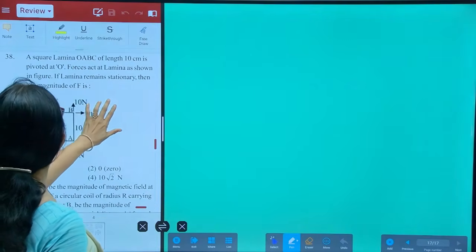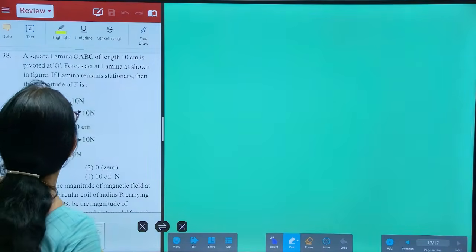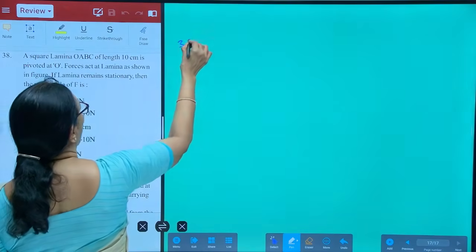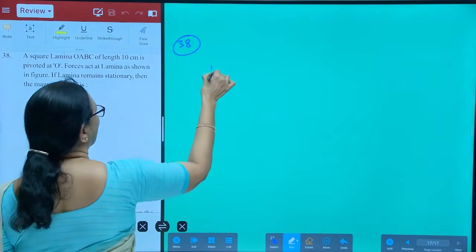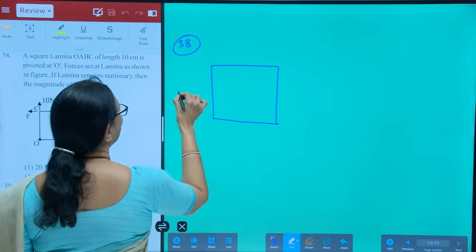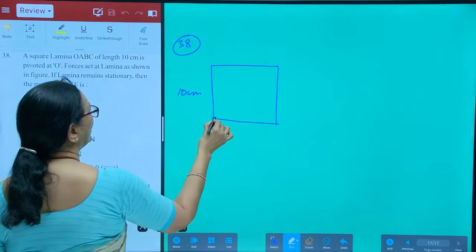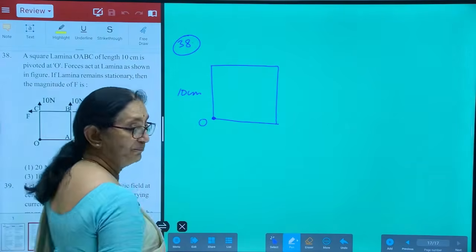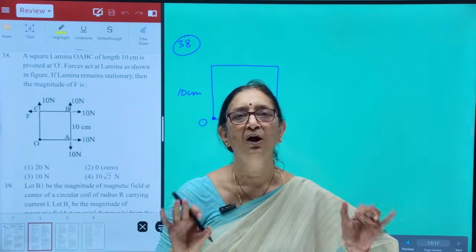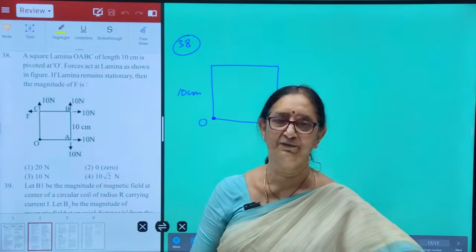See here, question number 38. A square lamina OABC of side 10 centimeters. I am redrawing that. This is a square lamina of side 10 centimeters. It is pivoted at this point O, meaning it cannot be set into translatory motion, it can be set into only rotatory motion about this point as the axis of rotation.